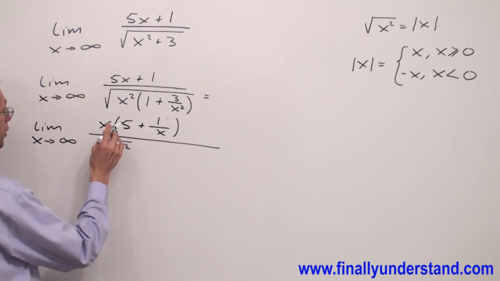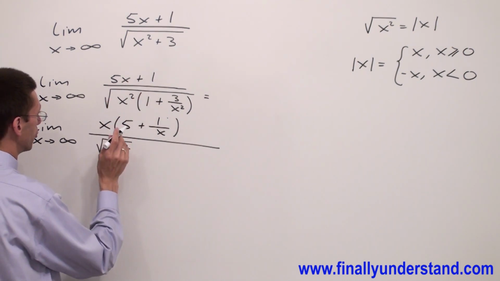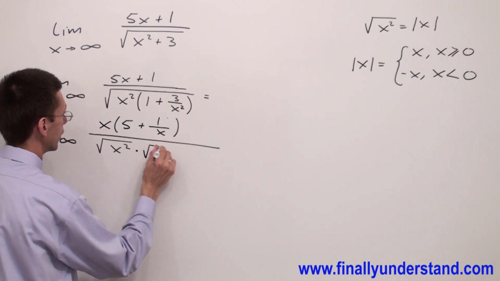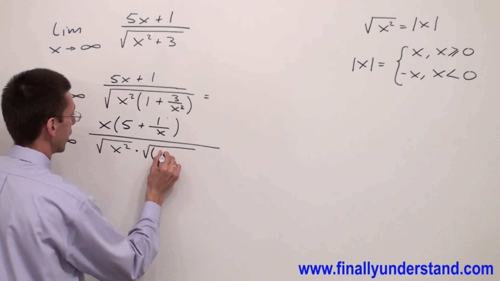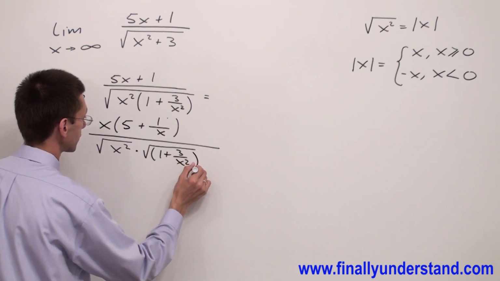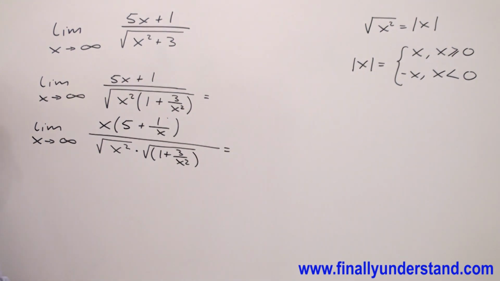I'm going to simply convert this radical to the product of two radicals times square root of 1 plus 3 over x squared.